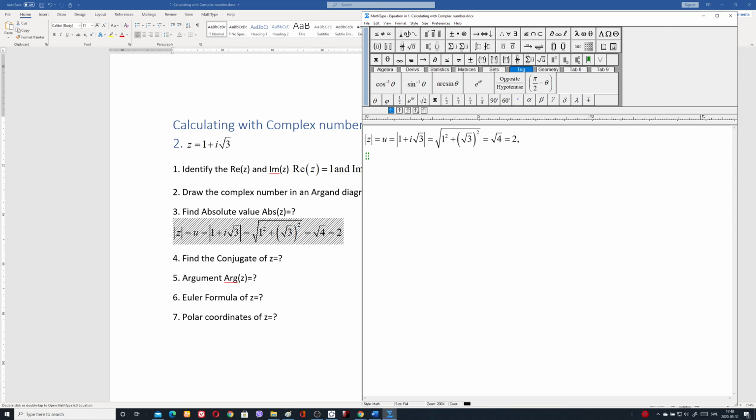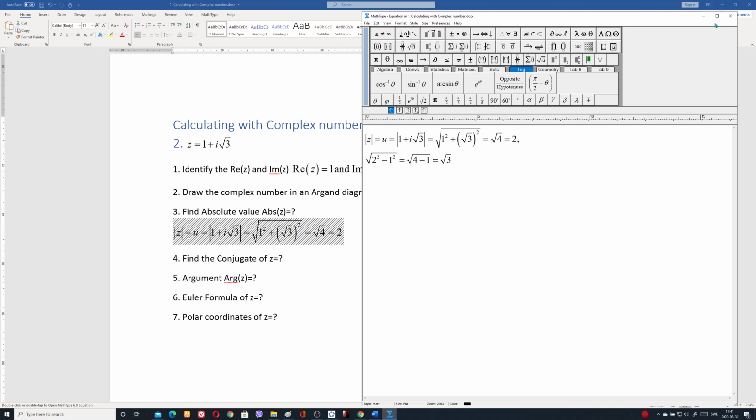And the Pythagorean theorem says that we have the hypotenuse, which is 2 squared, minus 1 squared, which gives square root of 2 squared is 4, minus 1, and this gives the square root of 3.